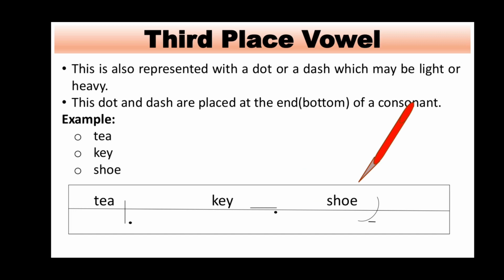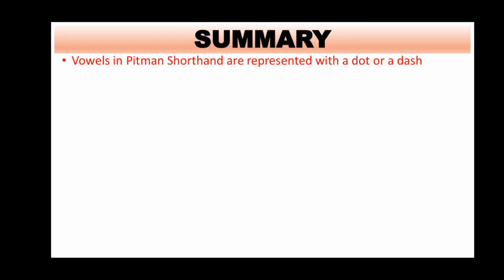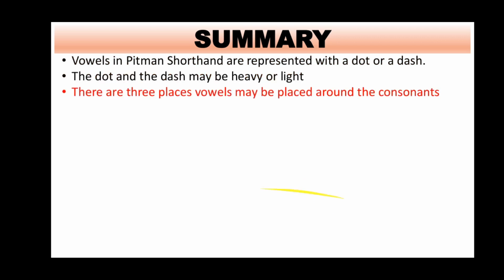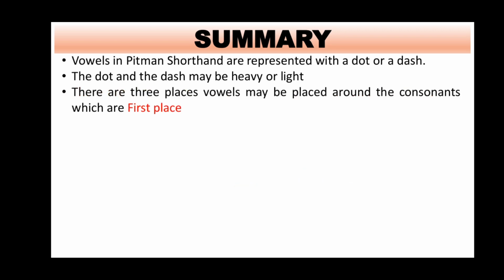So in summary, under this I've explained what vowels are in Pitman Shorthand. That is, vowels in Pitman Shorthand are represented with a dot or a dash. This dot may be a heavy dot or a light dot, just like I said. And I said there are three places in which vowels may be placed around the consonant: the first place, the second place, and the third place.